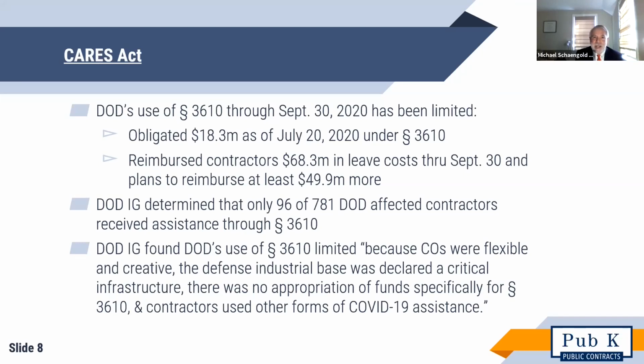DoD has identified at least an additional 157 contracts for which contracting officers plan to use this authority to reimburse a minimum of an additional $49.9 million.